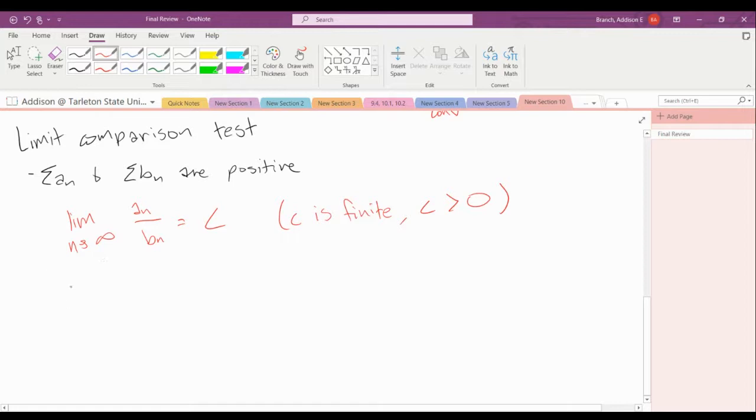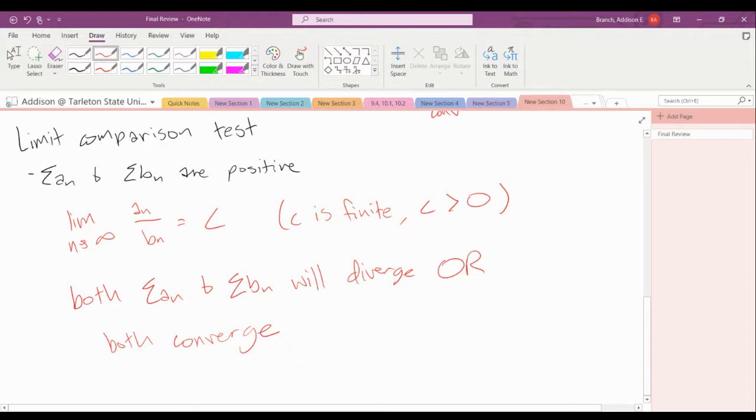then both a and b will diverge, or both will converge. And this one also kind of makes sense because if, let's say, a went to infinity, then our limit would be infinity.